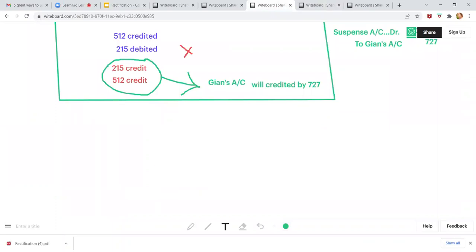So the journal entry has to be like sales return account debit, as the company sold goods to Jian, and Jian is returning these goods to the company, right? So sales return account debit to Jian's account credit with rupees 130. Here also 130, right?